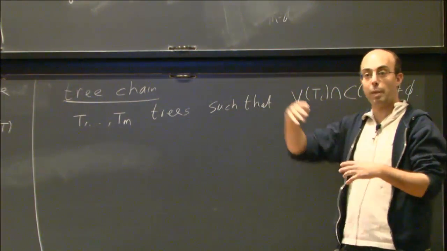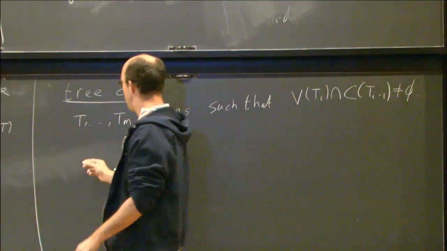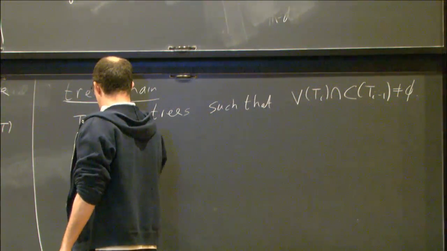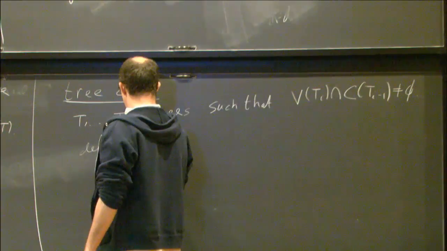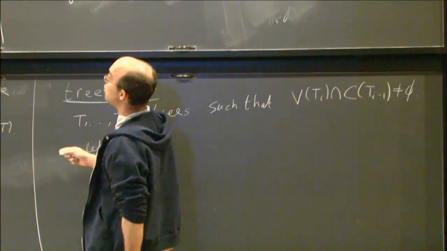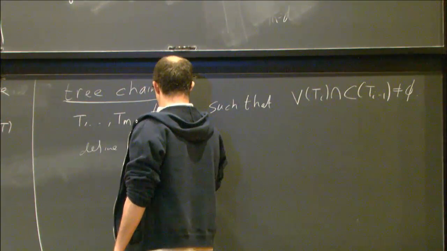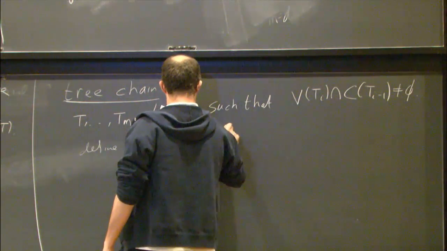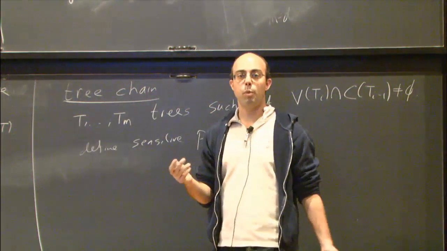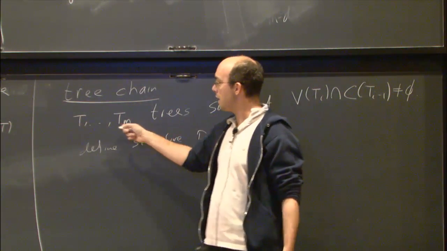So this allows us to define this path, right? So they also define a path. We call this a sensitive path. Okay? And one property that would be nice here is that you can actually get them to be disjoint.